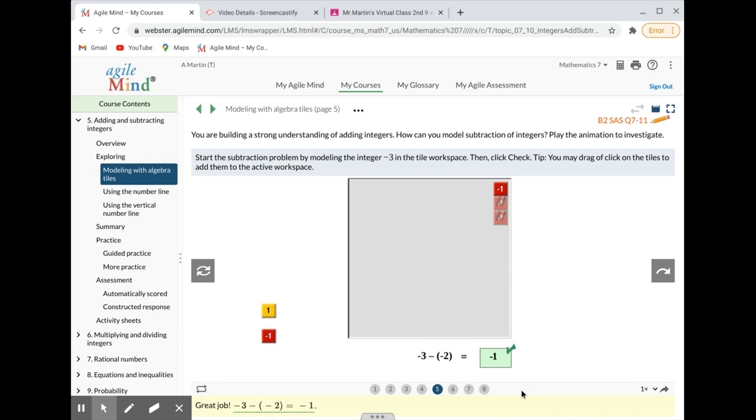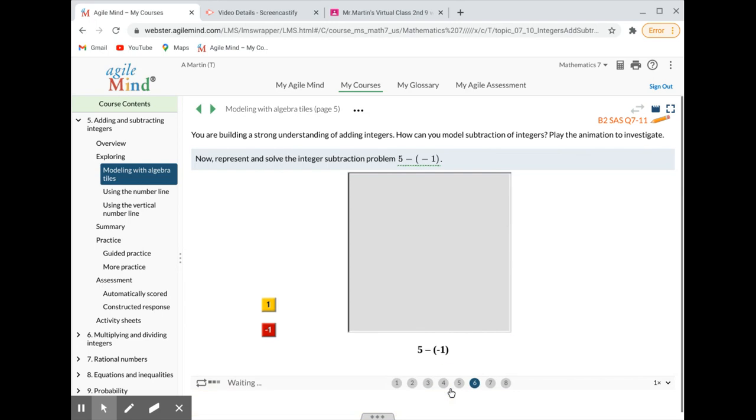Anybody have any questions so far? No, sir. All right. Well, let's try this one. This is 5 minus -1. All right. Well, in order to do this, we're going to have to represent 5, and we're going to have to be able to represent that -1 on there at the same time.